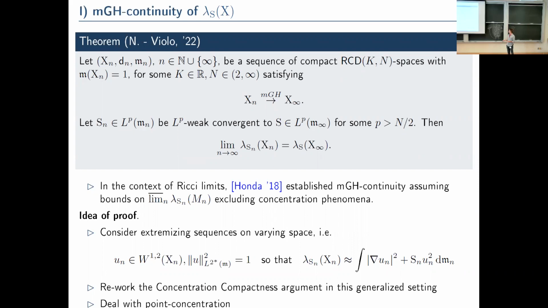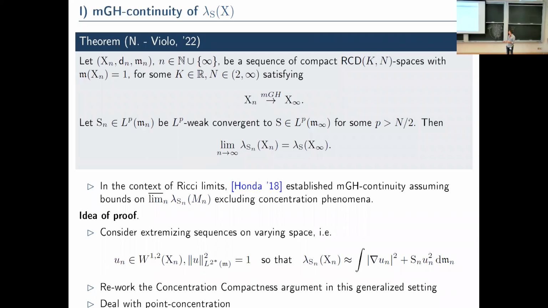So the idea is, and this is very natural, also if you have smooth manifolds here, you need some Sobolev calculus which is not smooth, in the sense that you have to handle together functions defined along the sequence. And of course, these functions will be almost saturating along the sequence.